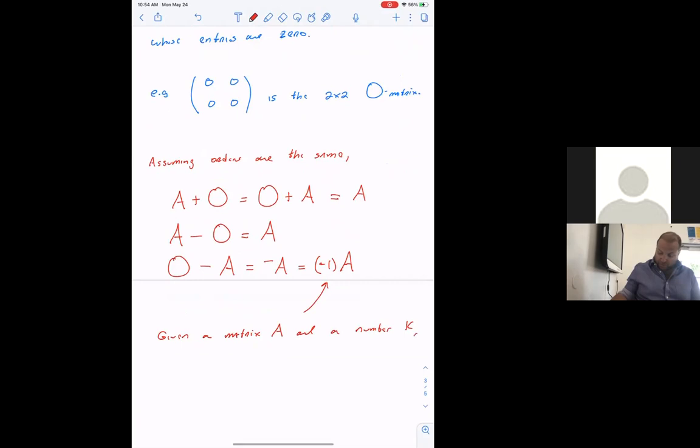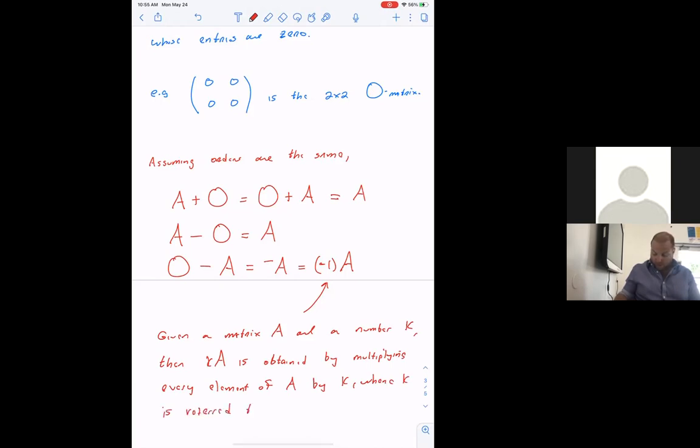So given a matrix A and a number k, then kA, notice that we use a lowercase letter for the number and the capital letter for the matrix, is obtained by multiplying every element of the matrix A by lowercase k, where k is referred to as a scalar.